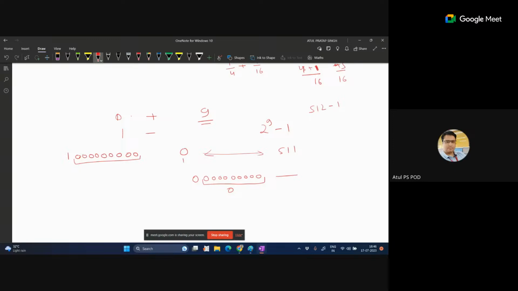But if we are talking about only the signed number, the first value uses the sign bit as 1 and the remaining 9 bits are 0. The first bit represents the minus sign, and the remaining 0 values represent the 0 value.